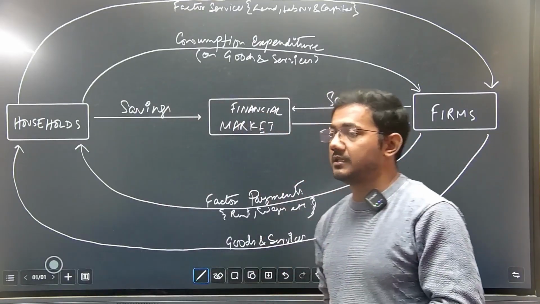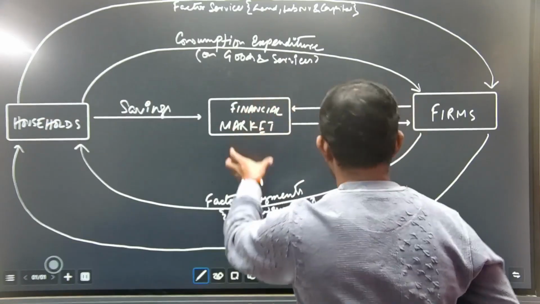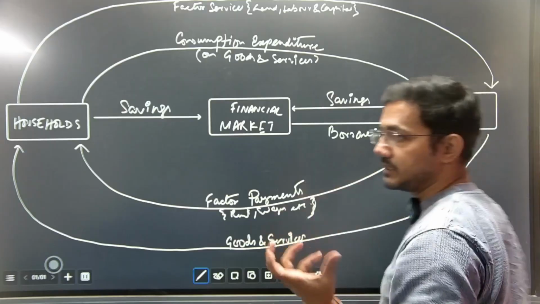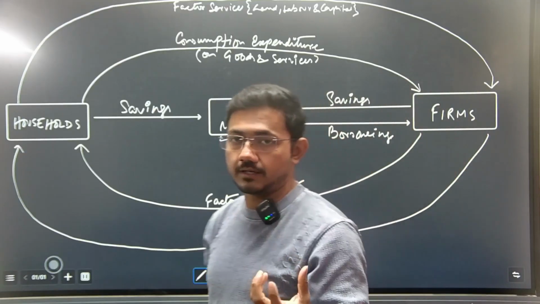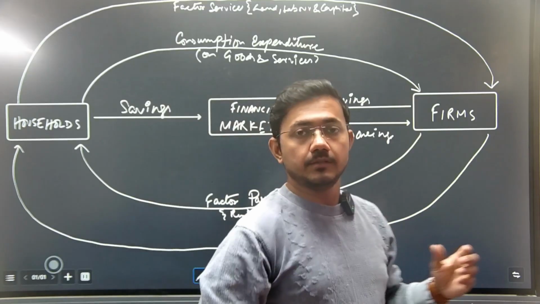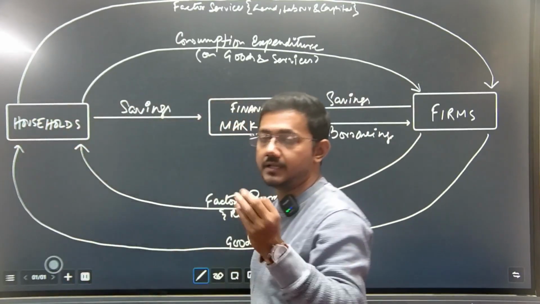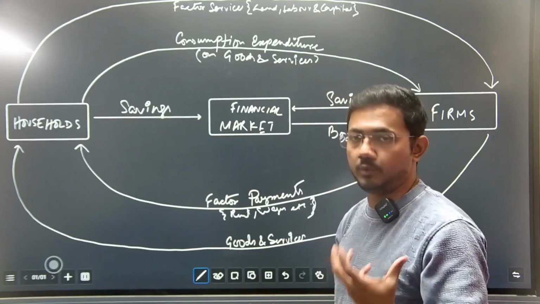I repeat the question: among household, financial market and firms, that is business firms, which of them has the highest amount of cash? The answer will be household. Household has the highest amount of liquid money with it.